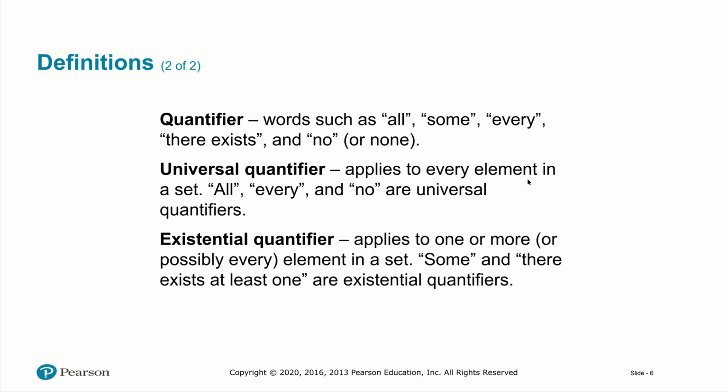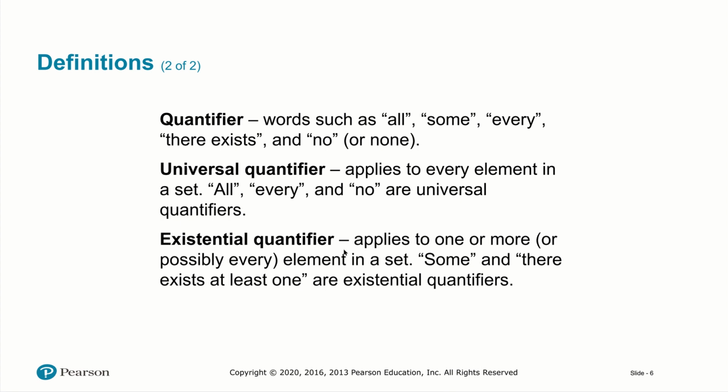Why? Because they apply to every element in a given set. That includes words like all, every, or no. In other words, no member of a set has a certain quality. That would be a universal statement about all members of that set. So those would qualify as universal quantifiers.